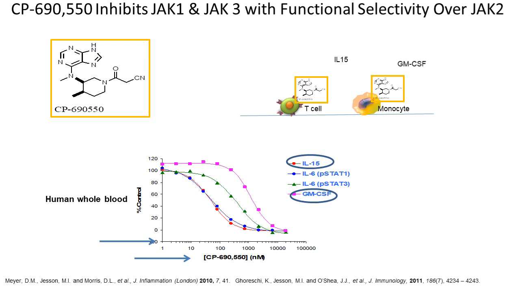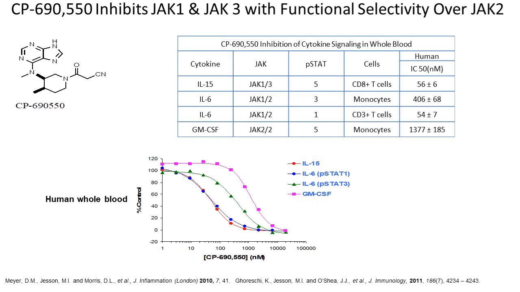I hope that you're with me so far. This is the way to read this kind of experiment. The way that this experiment is translated in publications, as the one I'm quoting by Meyer in the bottom, is that you see the same graph I had shown before. So let's take interleukin 15.